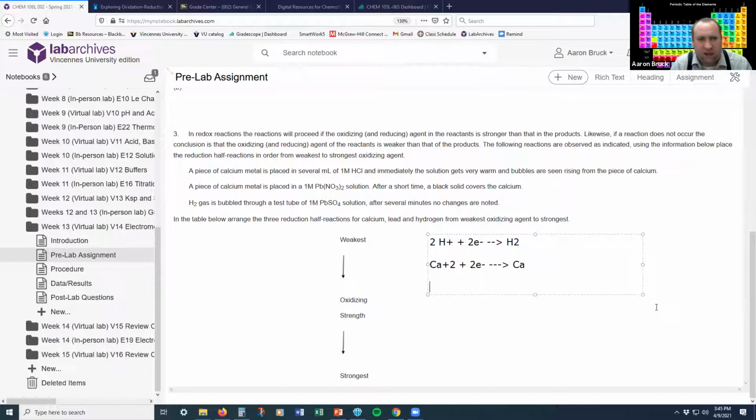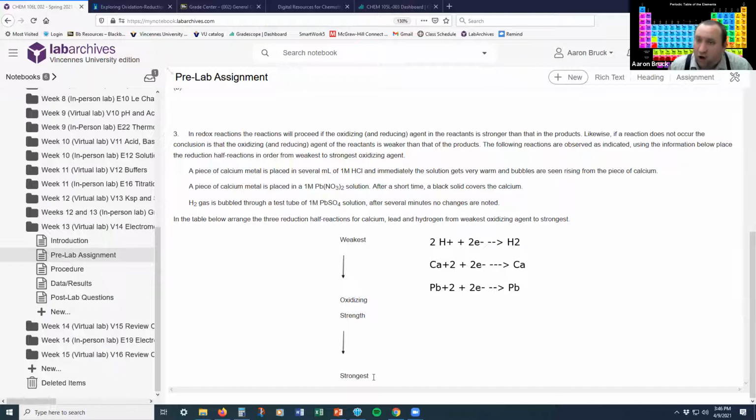And we would be looking at the lead-2 ion becoming lead. So those are the 3 half reactions that we are going to use. Our job is to put them in the correct order based upon their oxidizing strength.